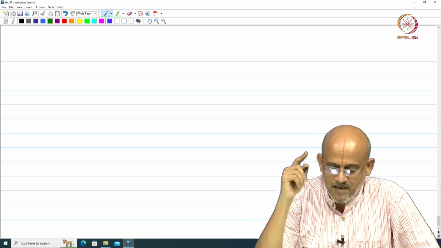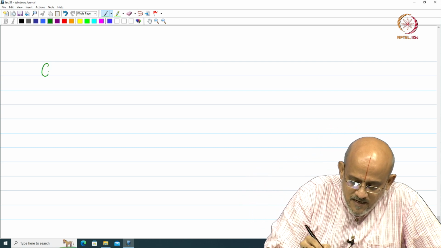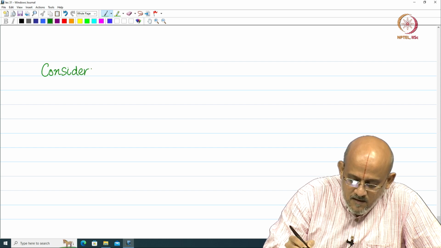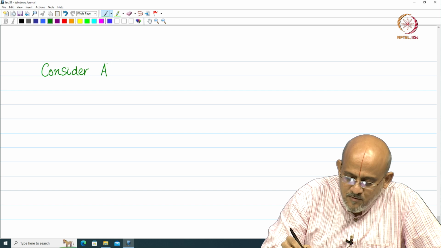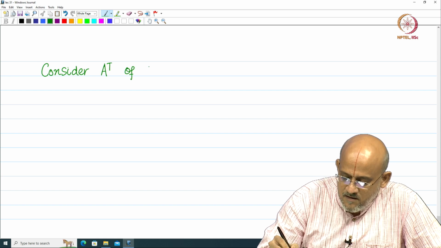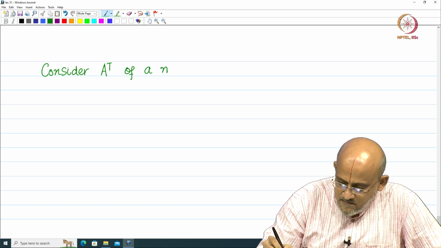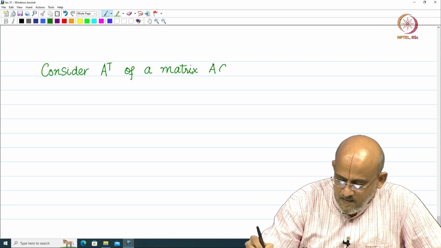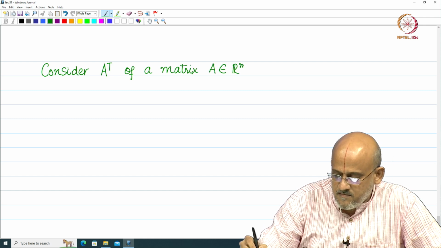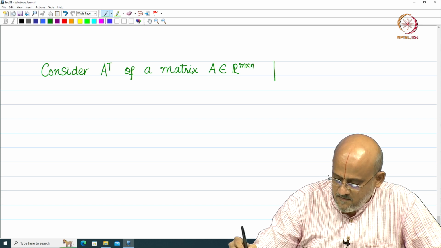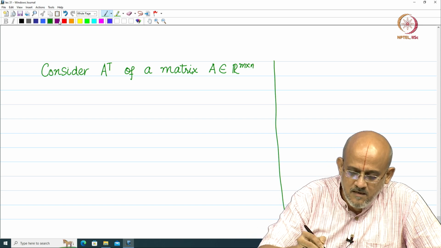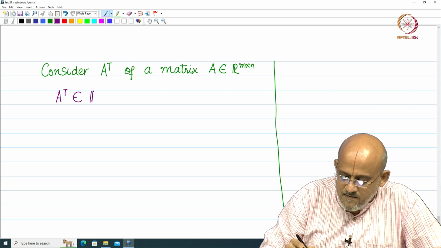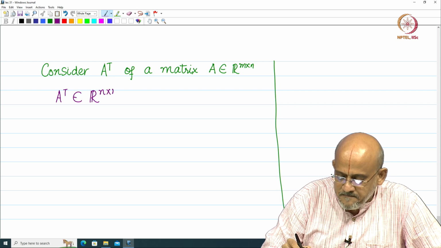So now consider A transpose, the transpose of a matrix A which is m by n. Now what we see is that A transpose is basically an element of R n by m.